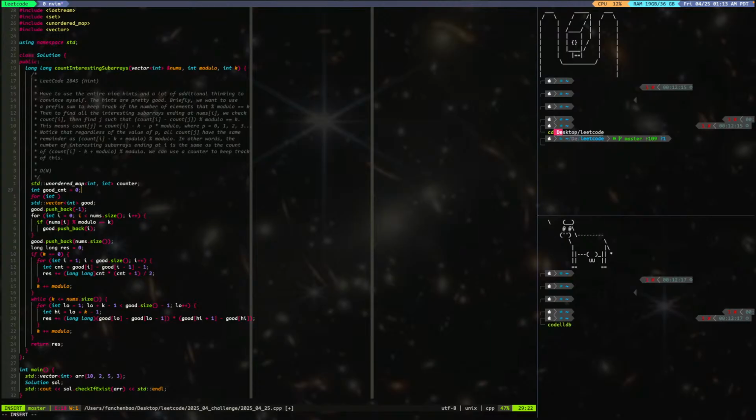And then we keep going, and each time we go, we keep a record of the mod at this position. What is the value so far?